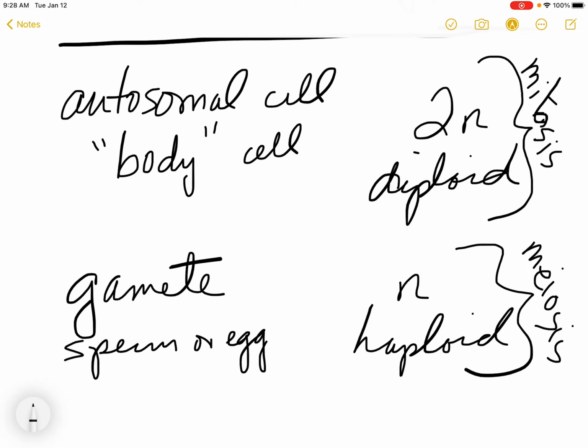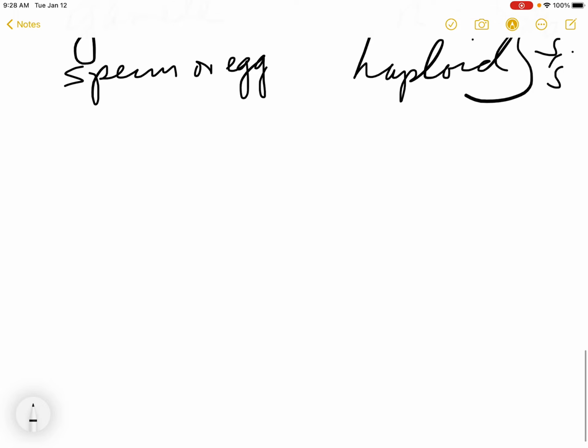Now remember that errors can happen during mitosis and meiosis. There are a number of times in both processes where chromosomes are lining up in the center of the cell and then are being pulled apart and separated. And if they don't pull apart properly, you can get some very odd situations.